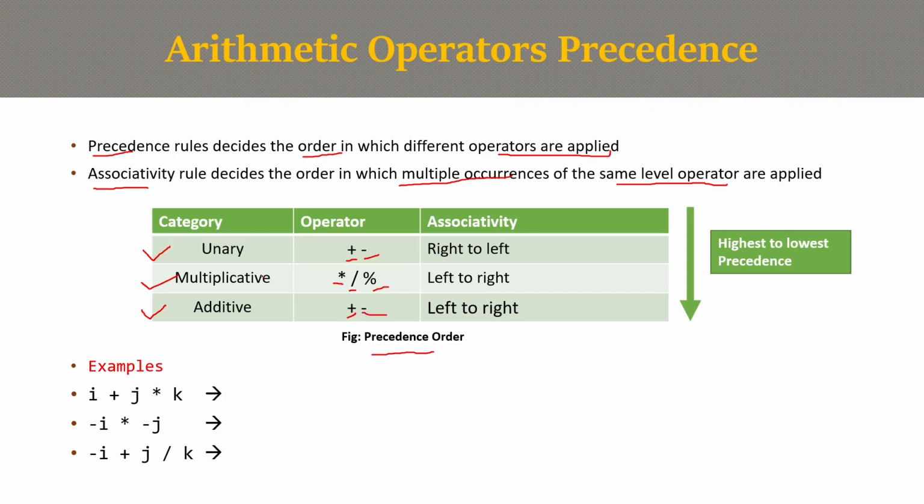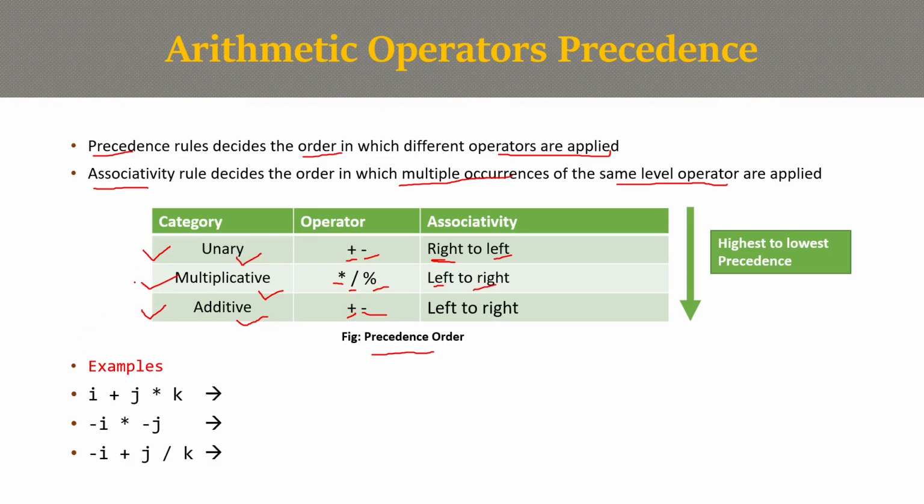The precedence of all of these operators is from highest to lowest. That means unary has the highest precedence, followed by multiplicative, and in the last we have the additive. Here I have stated their associativity as well. For unary it is from right to left, but for multiplicative and additive it is from left to right.